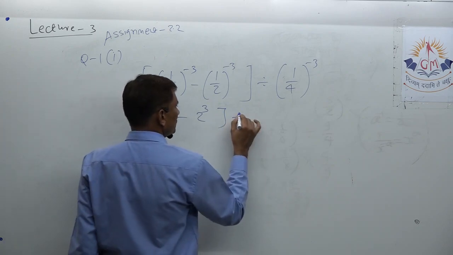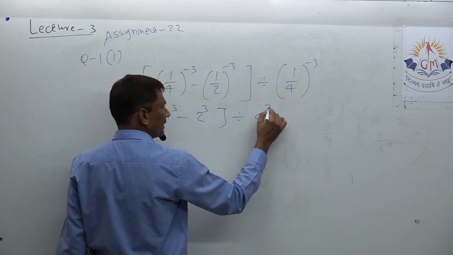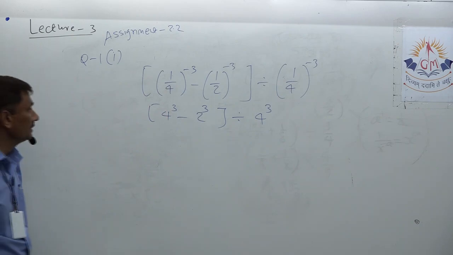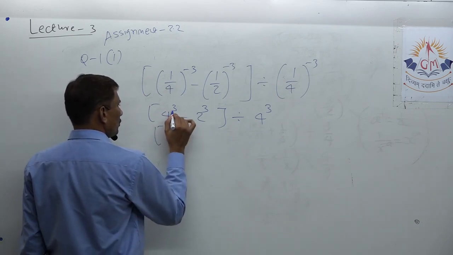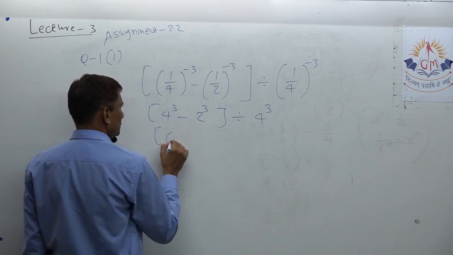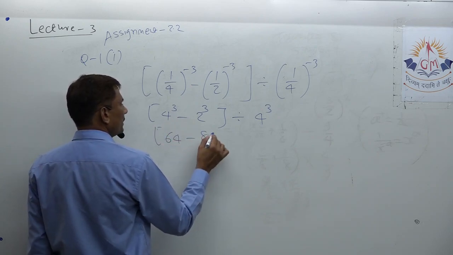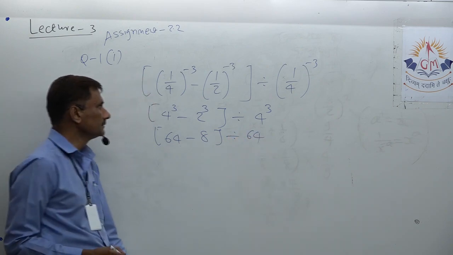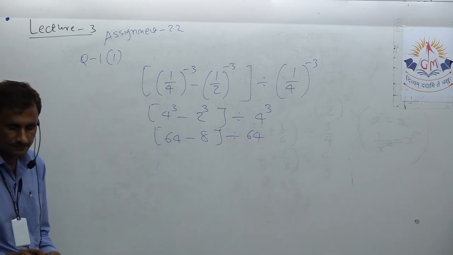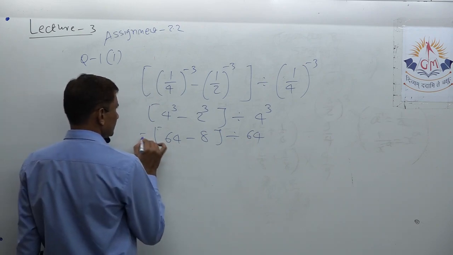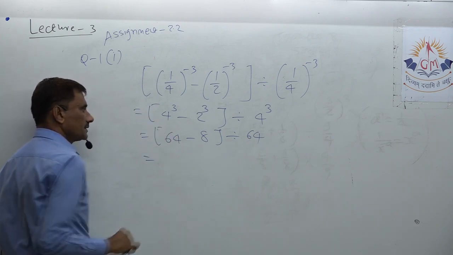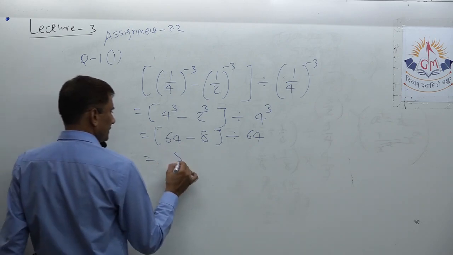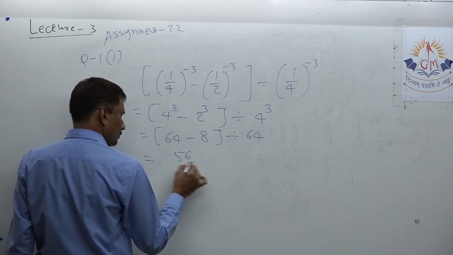Now here also make the degree positive, so it becomes 4 raised to 3. Now 4 cube is 64, 2 cube is 8, divided by 64, minus 8, 56. So 56 upon 64.